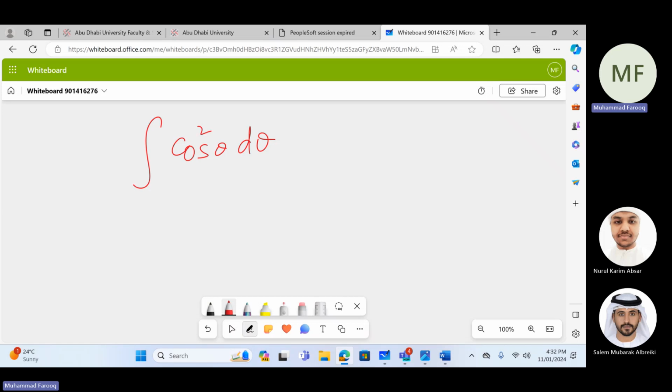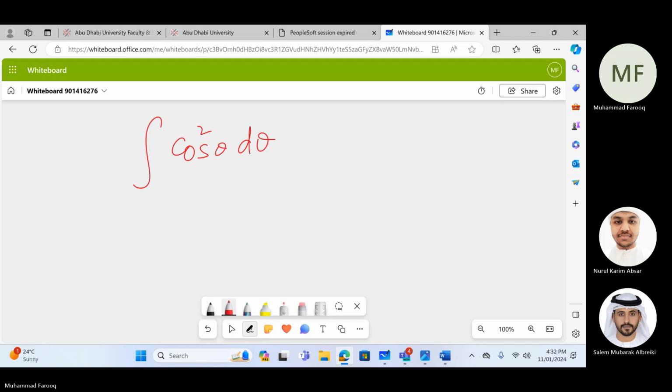How do you integrate cosine squared theta d theta, and similarly sine squared theta d theta?